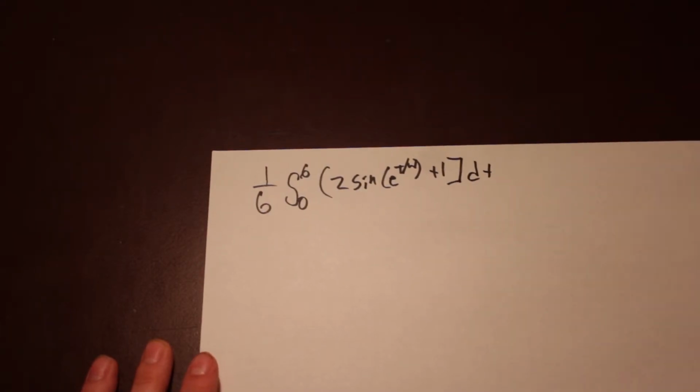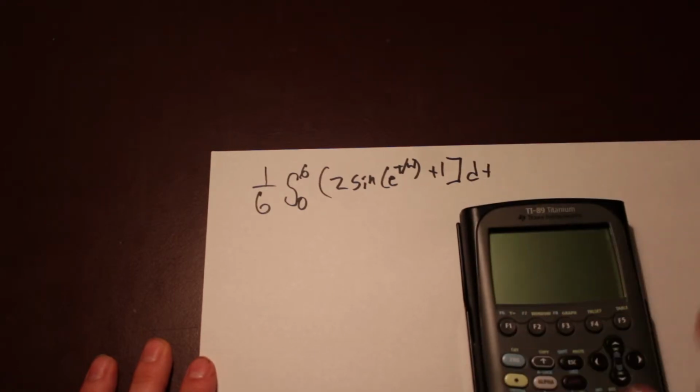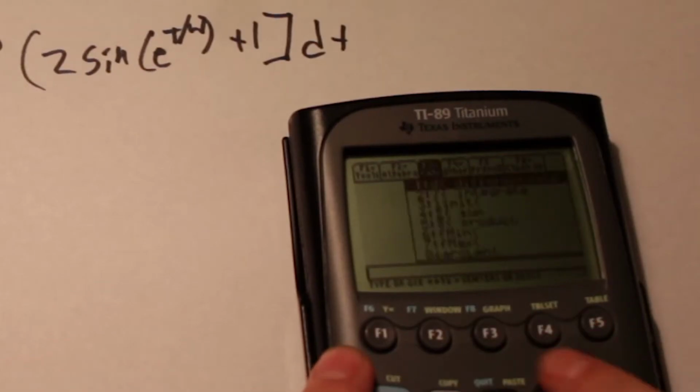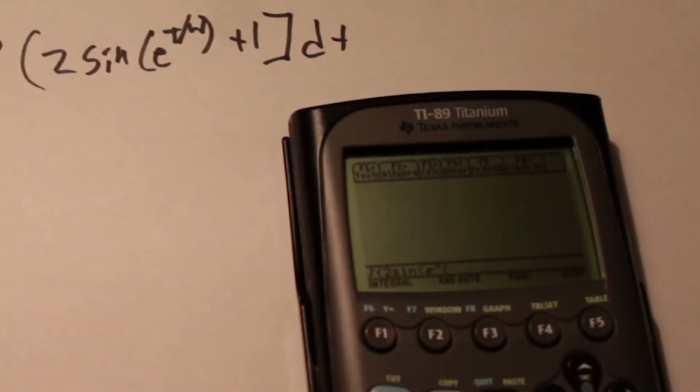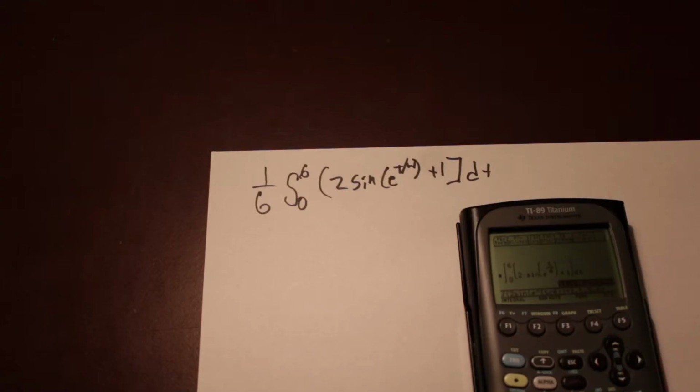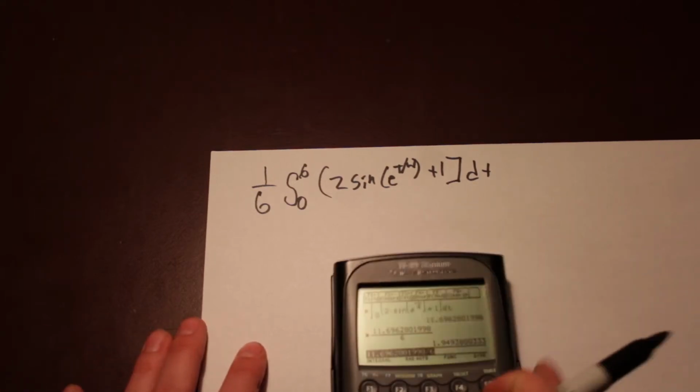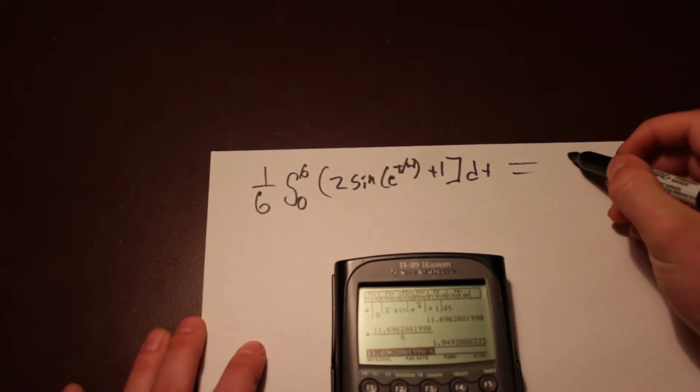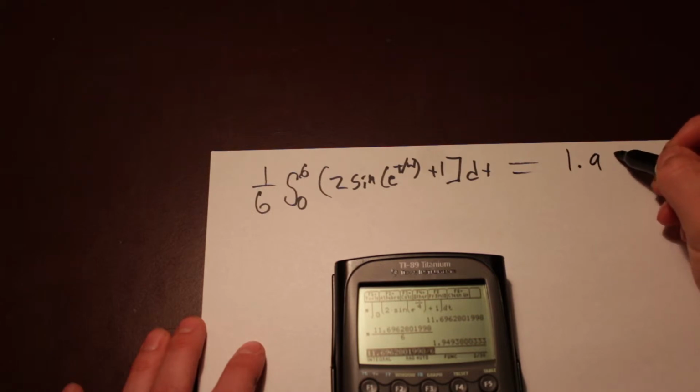Don't forget to do that dt, that's very important. So on our calculator, we take that, divide it by 6, and that equals 1.949. That's our final answer.